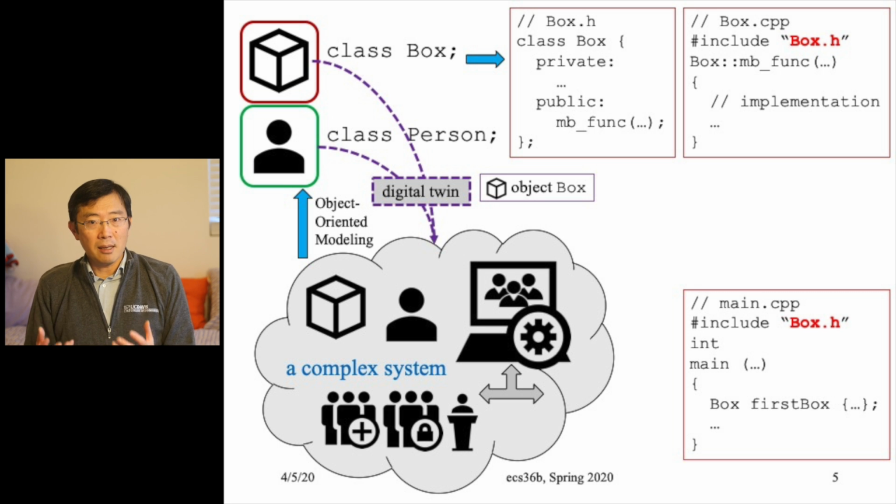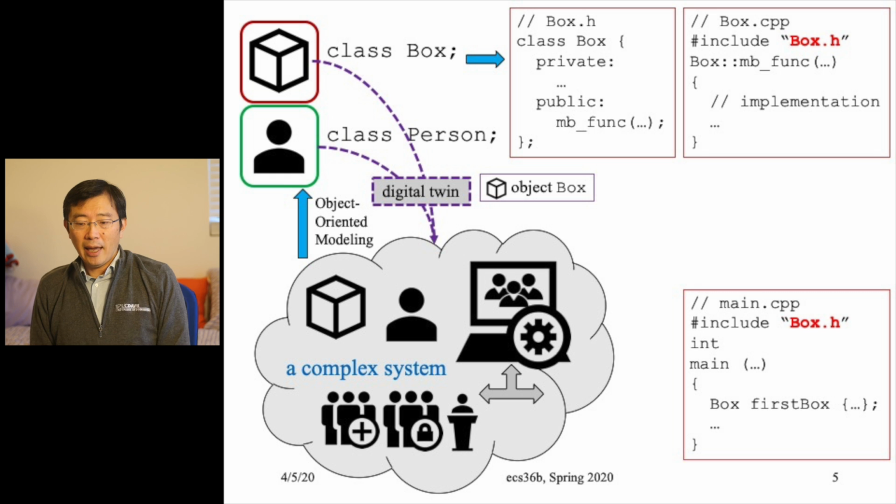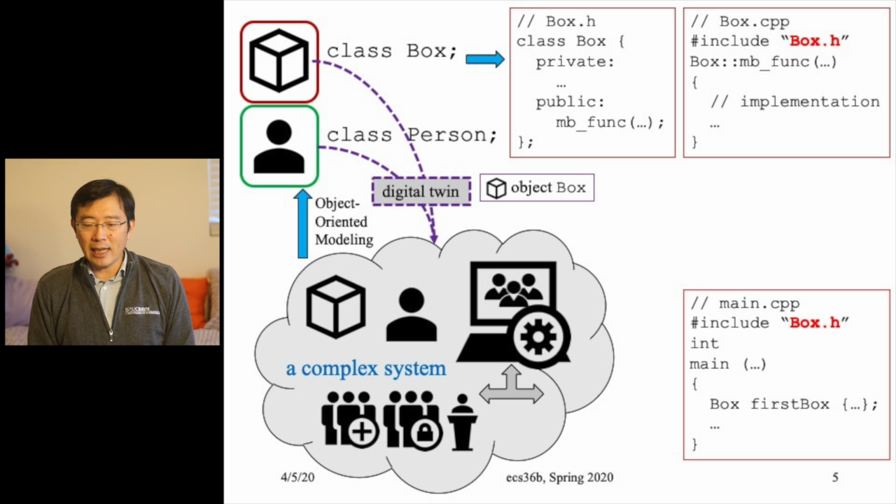Volen is a member function that's very critical to support the operation of box. So that's box.cpp. It has the include, and it basically just provides the implementation.